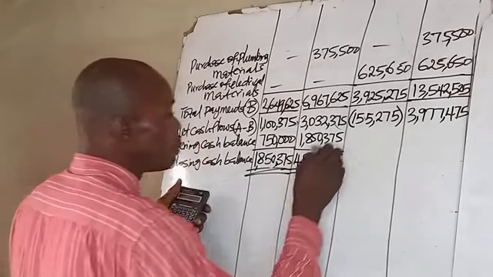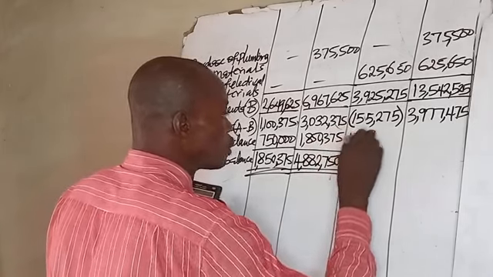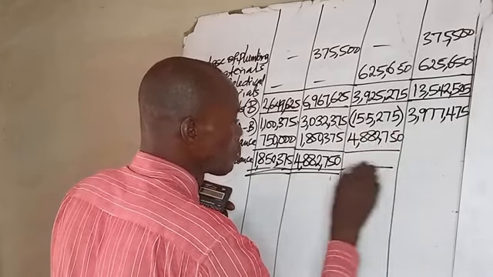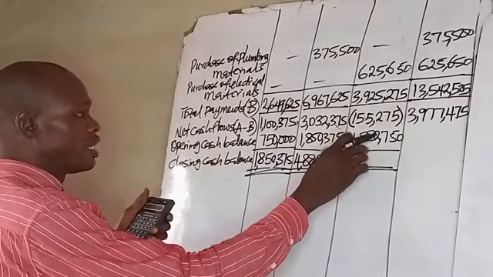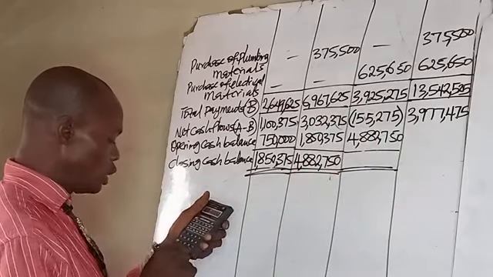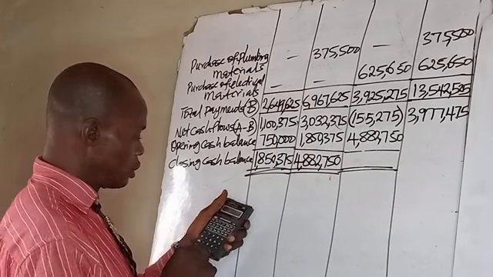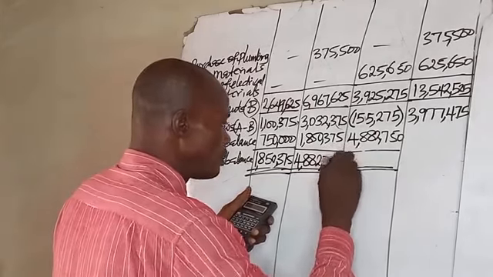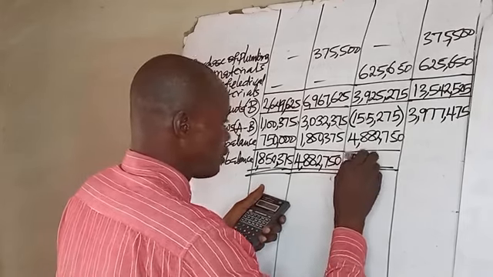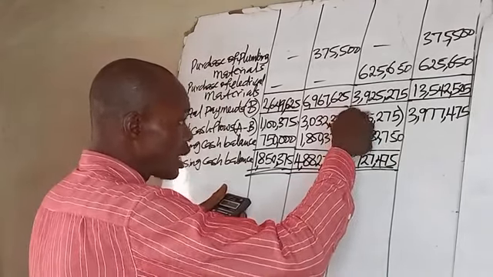So it will now become the opening balance in March, 4,882,750. Remember, this is positive, while this is negative. So you net it, and we'll be having 4,727,475. By netting it, it means subtract this negative from the positive.